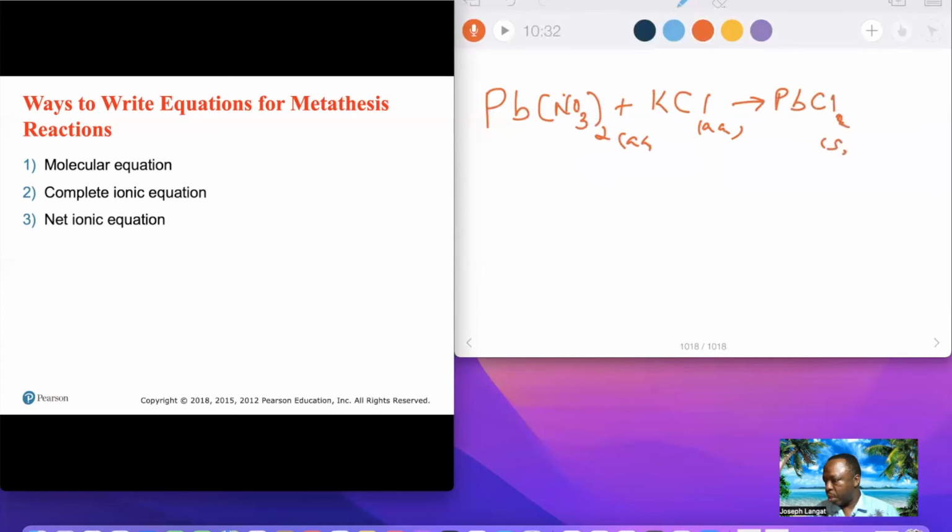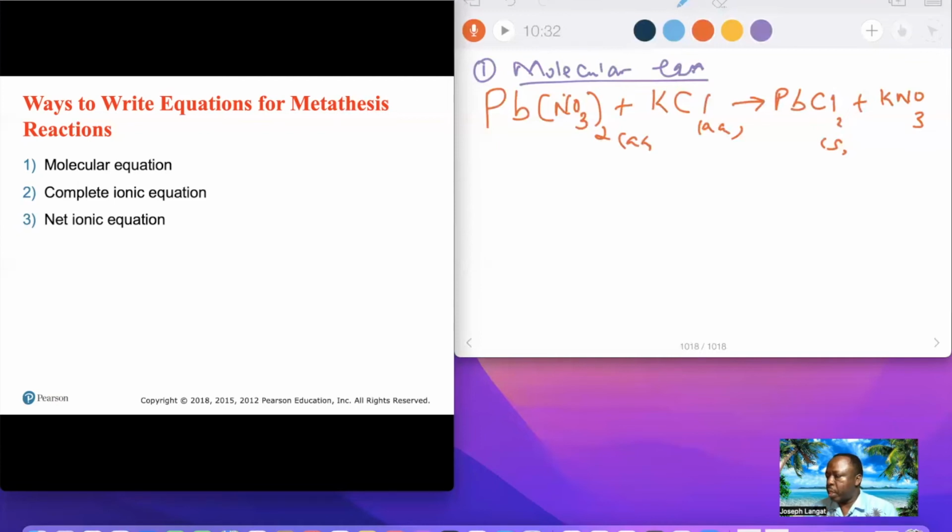This is solid, by the way, this is solid right here. Here is what we call the molecular equation. We are in step number 1, the molecular equation.